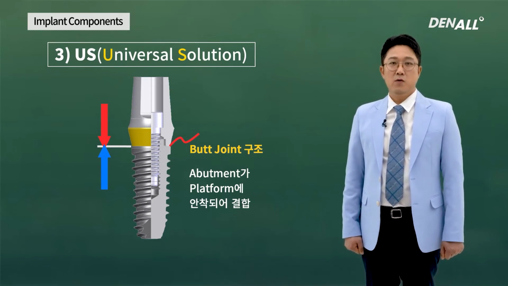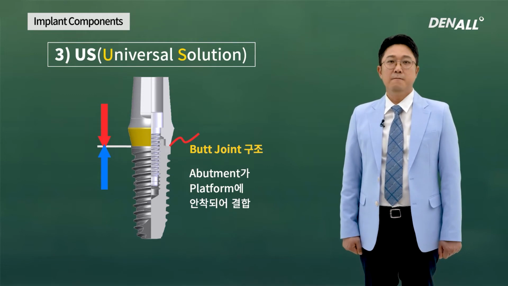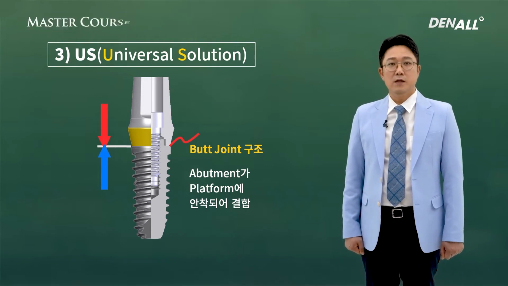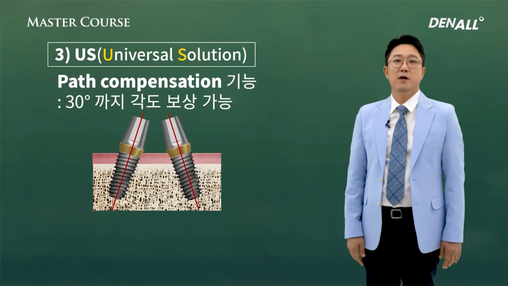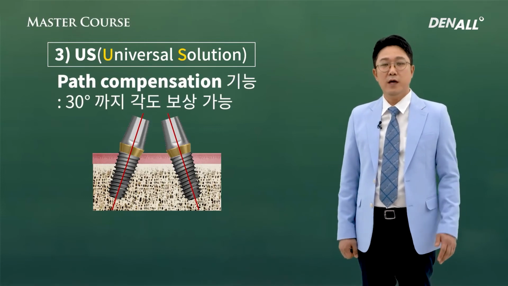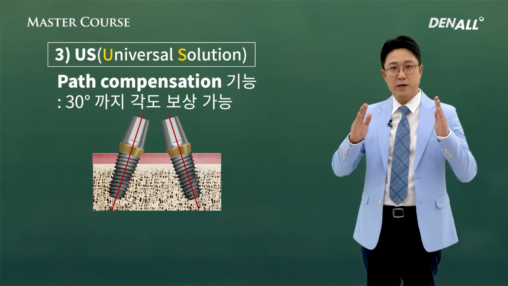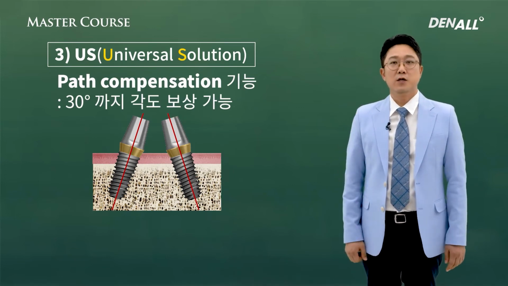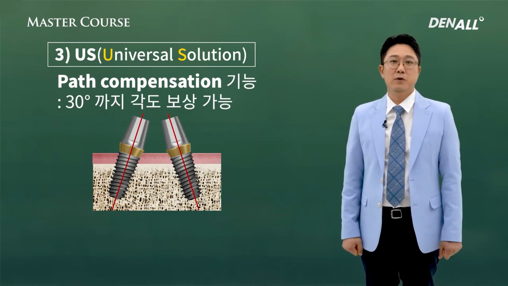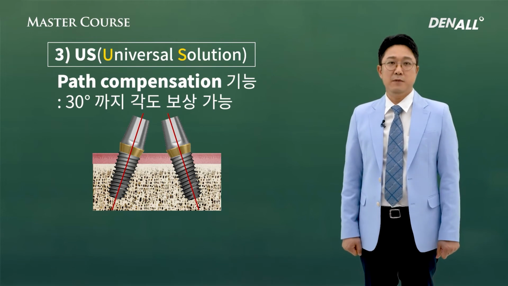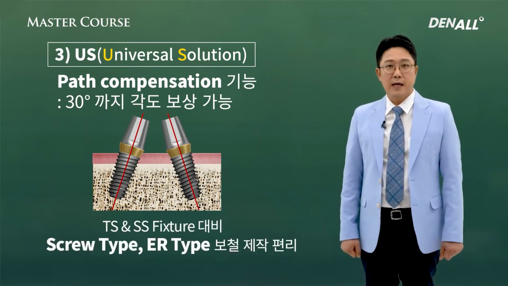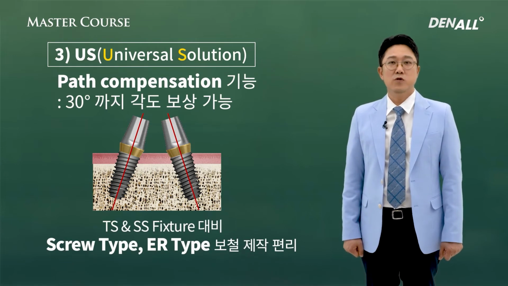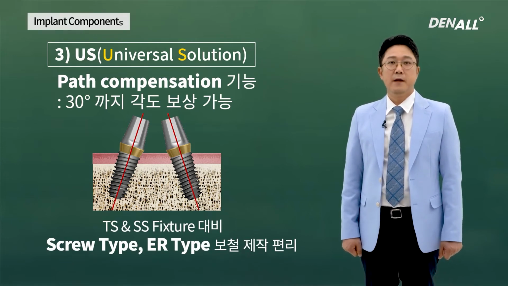Abutment fixture is connected externally, so compared with internal connection, in prosthesis like splints, if the path is slightly tilted, you can compensate for that, and it has that kind of advantages. For these reasons, US implant is used frequently for screw-type prosthesis, and it has many pros.